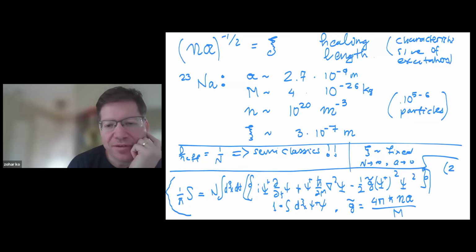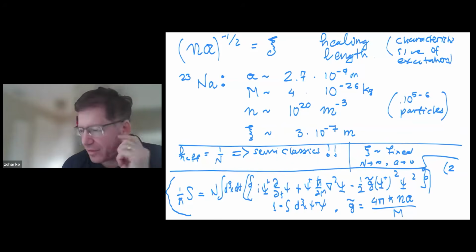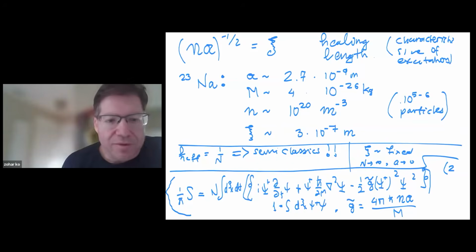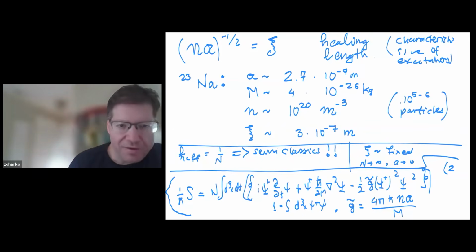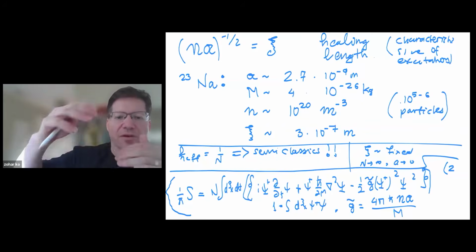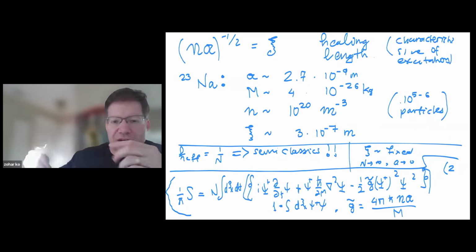This sounds incredibly unphysical because what does it mean to send a to 0 for gases? God gave us the atom of sodium and that's it. We cannot take sodium and change the interaction length. It's just a property of sodium. So we have to imagine a sequence of atoms, if such a thing makes sense, where a becomes smaller and smaller, but the density becomes larger and larger.